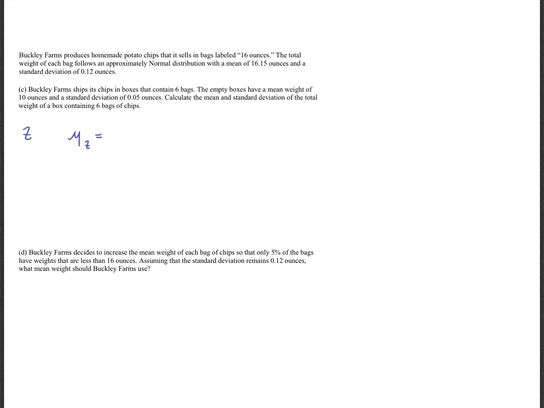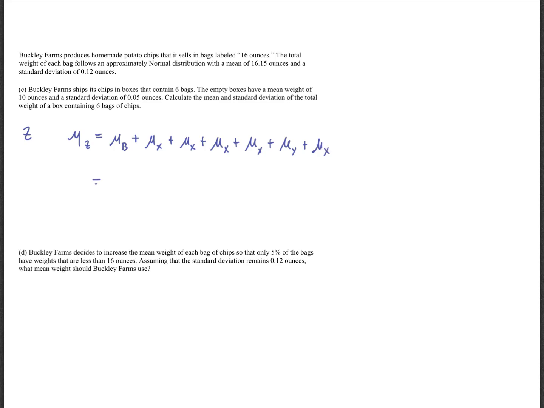So we'll say this is the mean of the box plus the mean of each of the bags of chips. So this will be the mean of x plus the mean. And I'm just showing work. If there were more, I wouldn't do this, but it's not that many. Okay, is there 6 of those?